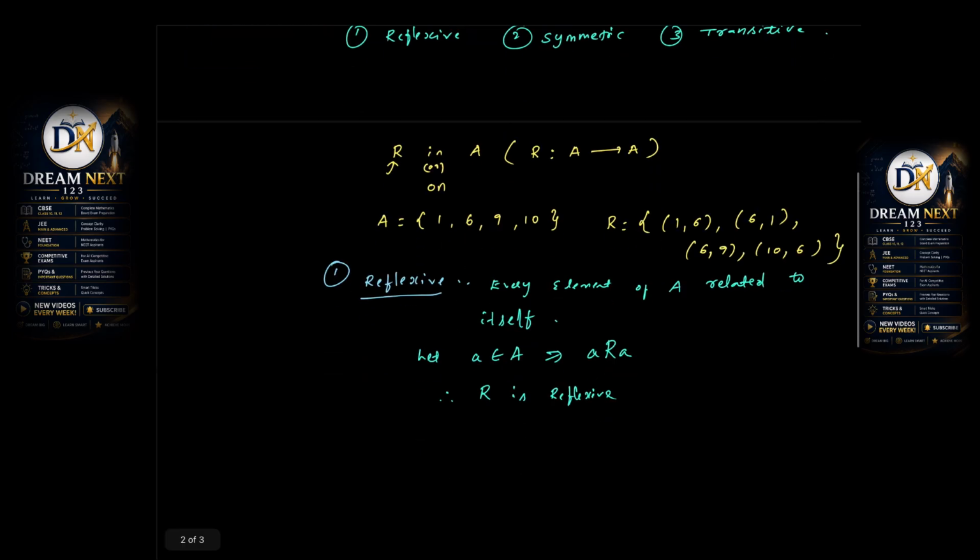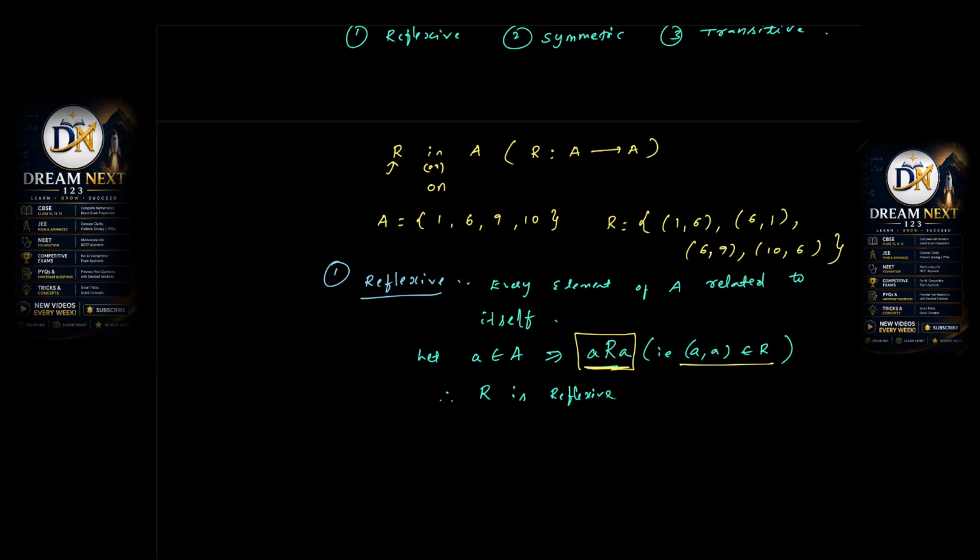We can also write this as (a, a) belongs to R. You can represent it like this or like this. The representation is different, but the meaning is the same.